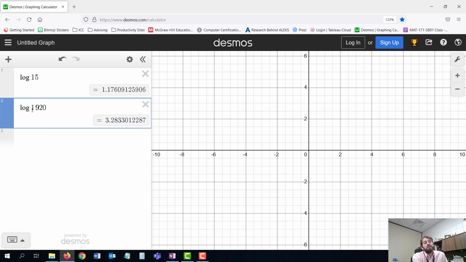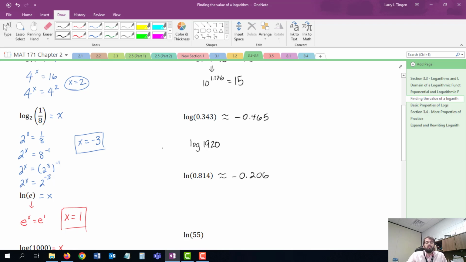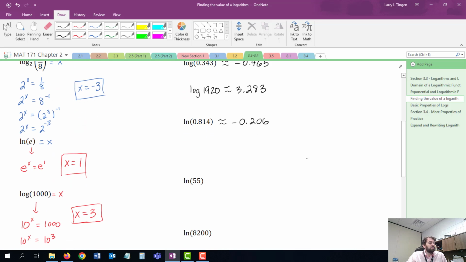So anyway, log of 1,920 is 3.283. I don't know why I didn't type that one into the notes, but I didn't.